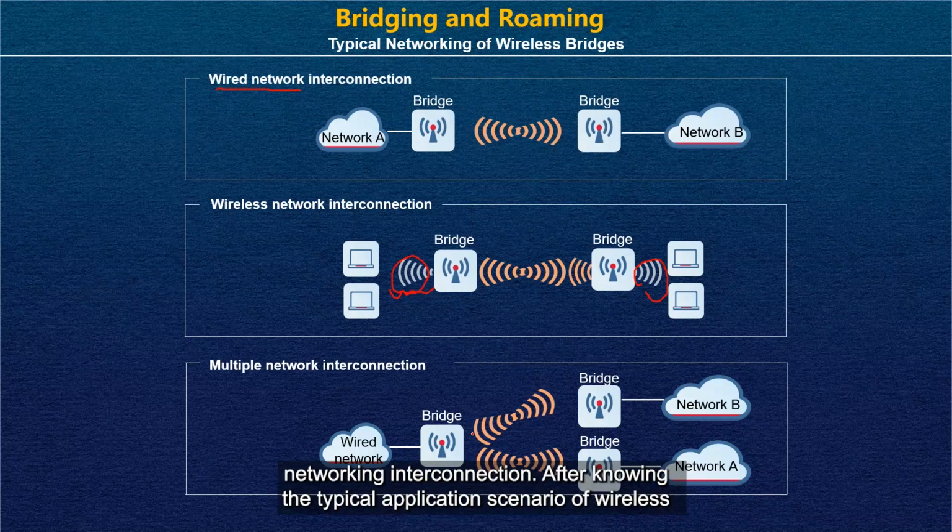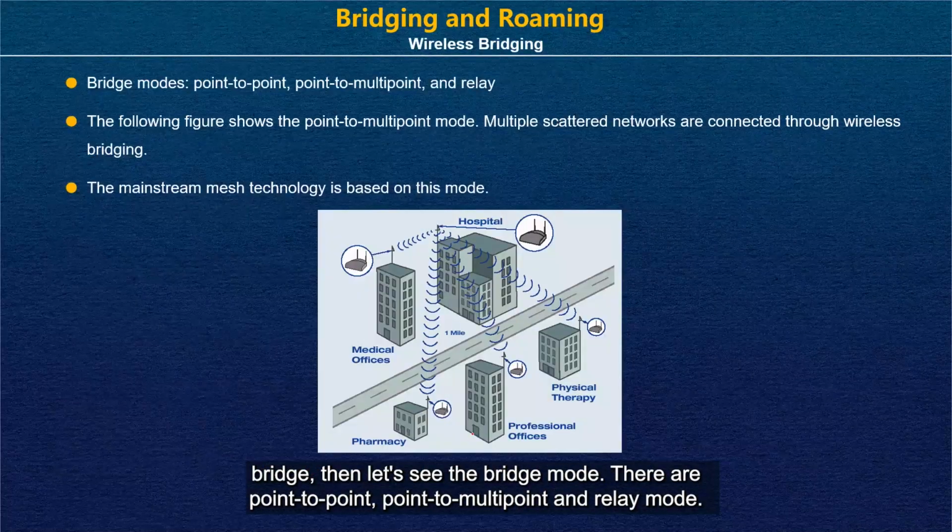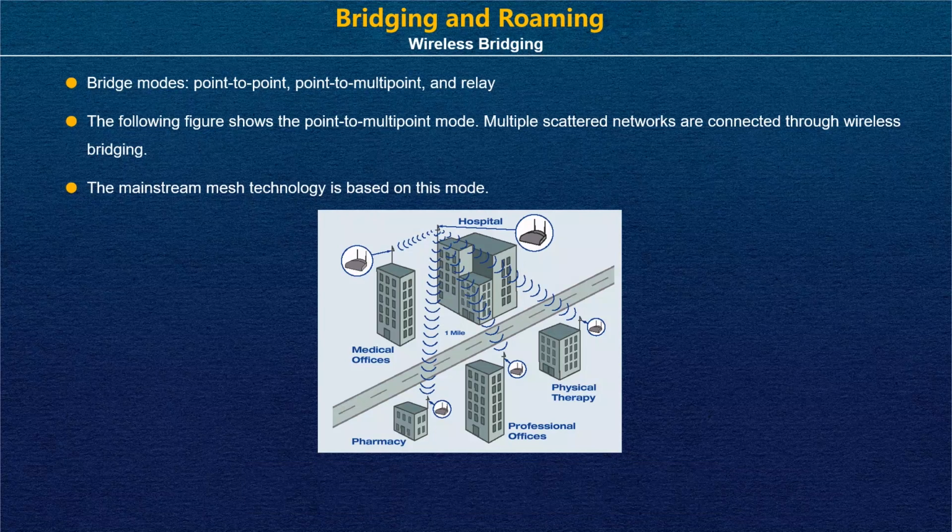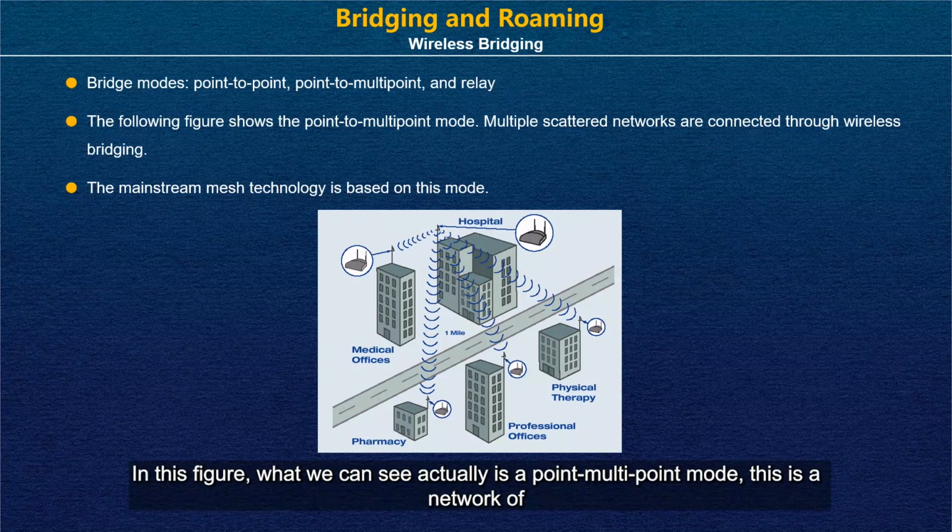After knowing the typical application scenarios of wireless bridges, let's see the bridge modes: point-to-point, point-to-multipoint, and relay modes. In this figure, what we can see is a point-to-multipoint mode.